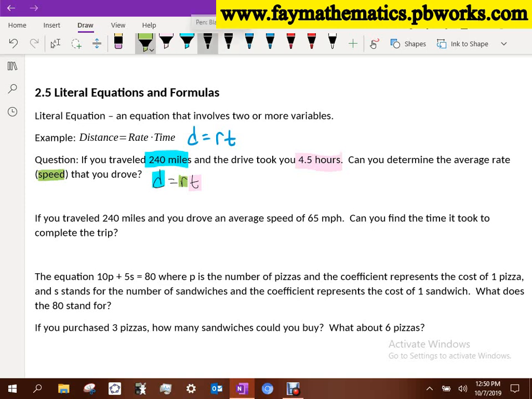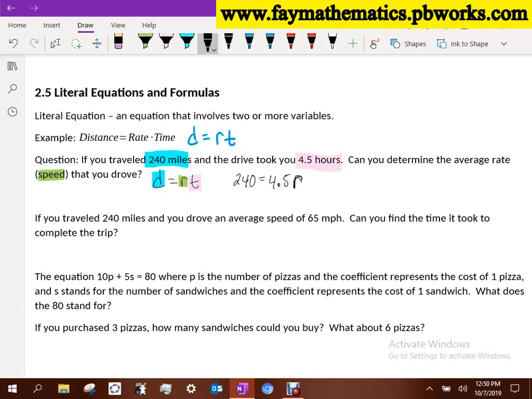So then you just plug those things in. I'm looking at distance, 240, is equal to rate, which is what I'm looking for, and time, 4.5. Now if I write RT, can I write it as TR? So that's why I'm putting 4.5 first, and then my rate second.